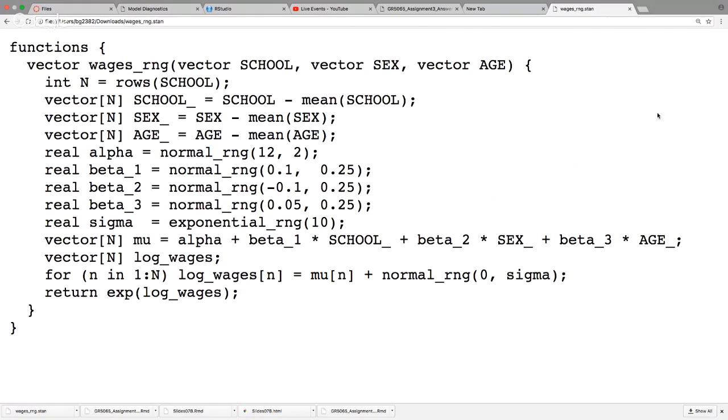First thing I did here was center the variables. We talked about that briefly. It allows you to interpret the intercept as, what do you expect the linear predictor to be for someone who's 0 on all the predictors. So the so-called average person. Of course, sex is a binary variable.